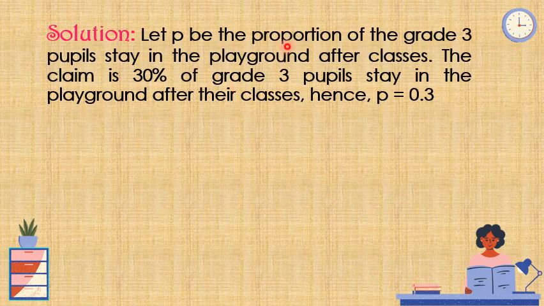Solution. Let P be the proportion of the grade 3 pupils stay in the playground after classes. The claim is 30% of grade 3 pupils stay in the playground after their classes. Hence, ang P natin is equal to 0.3. So, yung 30%, kinonvert lang sa decimal. So, it is 0.3.